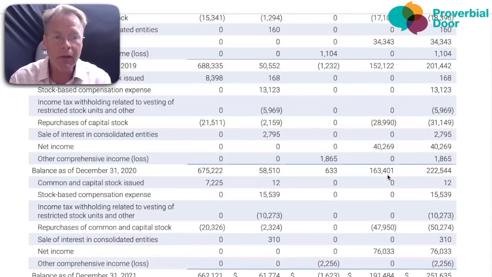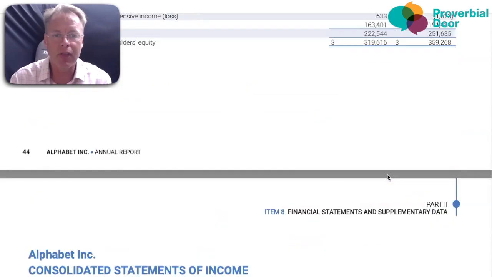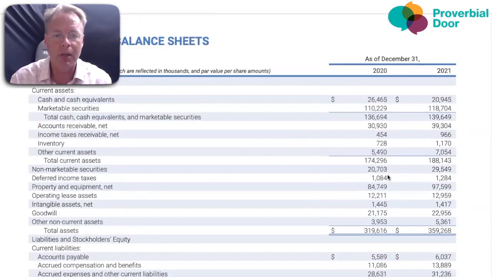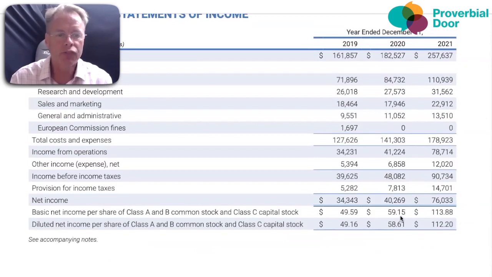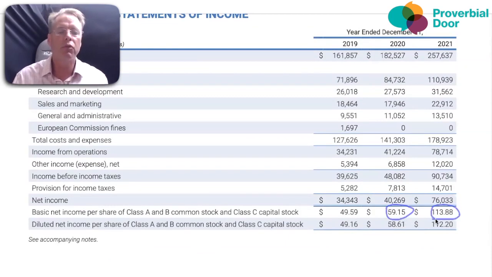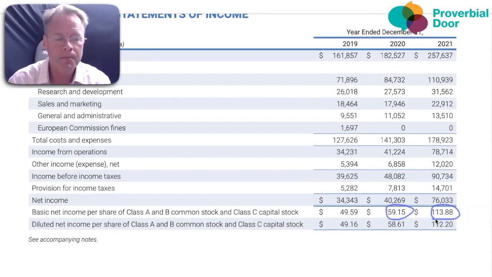Now, one of the effects of that is to impact the earnings per share. So let me show you what I mean here. We're back in the income statement. So here we can see the earnings per share going from $59 to $113 per share.